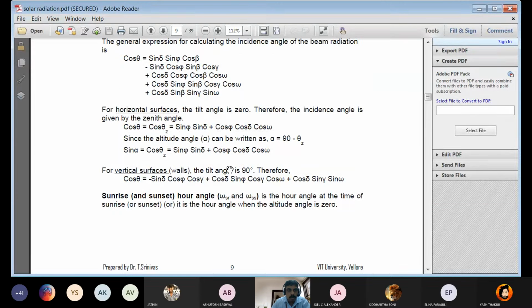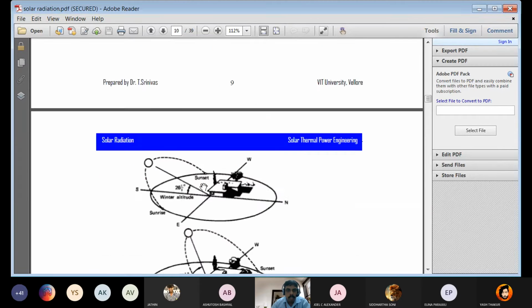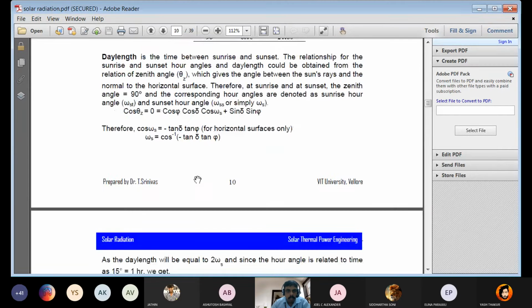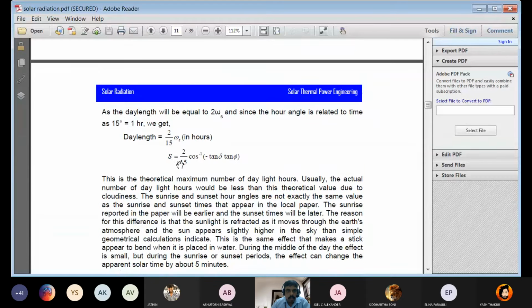Okay. So we know that 1 hour time duration is equal to 15 degrees of earth rotation, right? So one day length will be equal to 2 omega s.